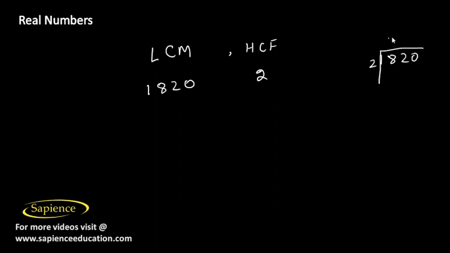So the LCM and HCF that we found just now are 1820 and 2. Correct? So we can see that 2 is a factor of 1820. That is, 1820 can be divided by 2, and we will get a remainder 0.